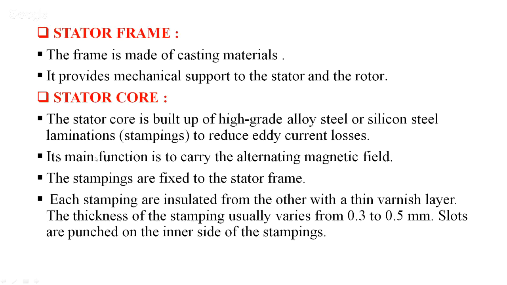Its main function is to carry the alternating magnetic field. The stampings are fixed to the stator frame. Each stamping is insulated from the other with a thin varnish layer. The thickness of the stamping usually varies from 0.3 mm to 0.5 mm.